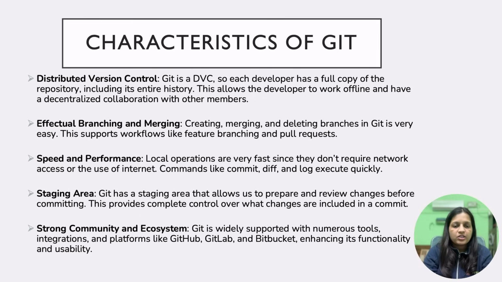Staging area. If you are adding a file into your repository, first you get a modification area, that is, you have done some modification, for example you have created a file. You can add whatever you want to add in that file, and then you pass the command git add and the file name.